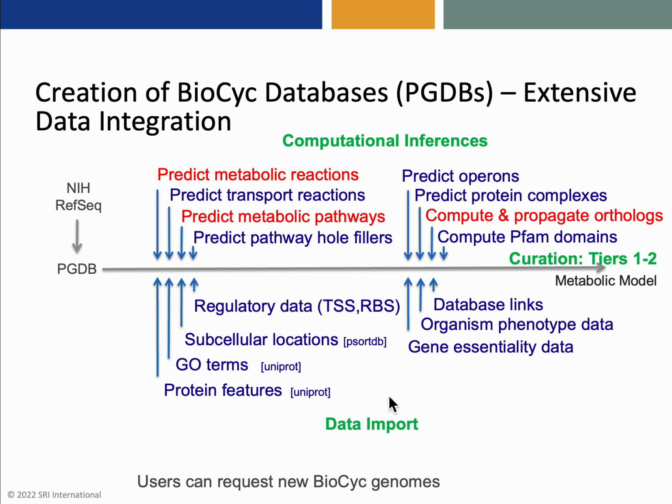For data import, we go to a number of databases such as UniProt, and we import regulatory data when it's available, subcellular location information, GO terms and protein features, as well as organism phenotype and gene essentiality data. And I'll note that not all of this data is available for every genome. It really varies how much of this data is available. But these computational inferences are done for every organism, with the exception, for example, that for the eukaryotes, of course, we don't predict operons.